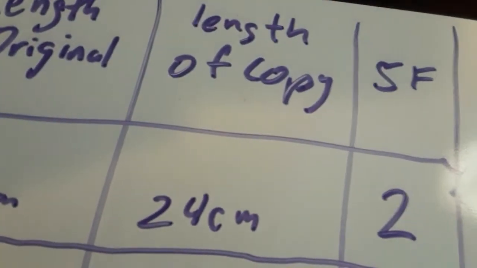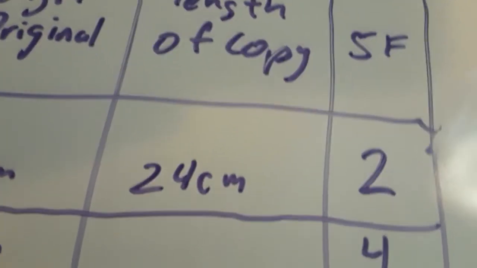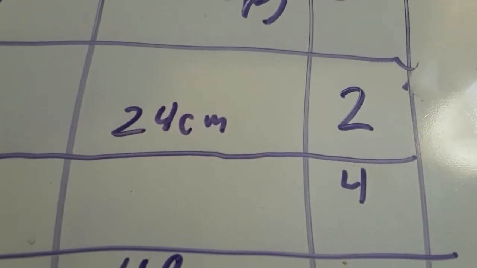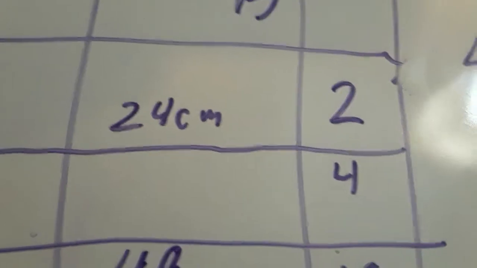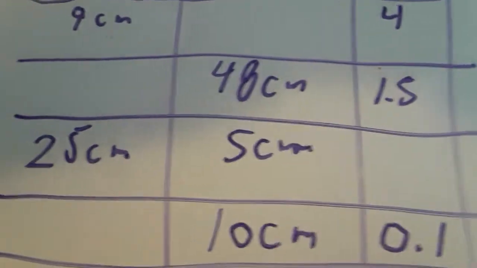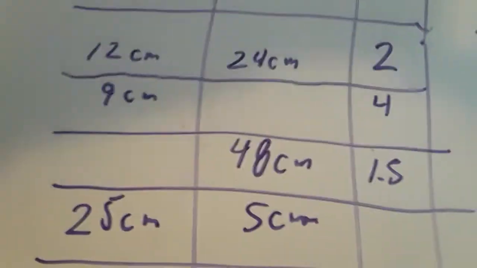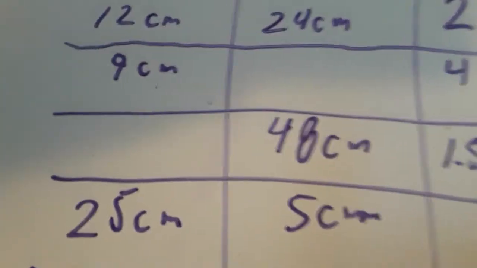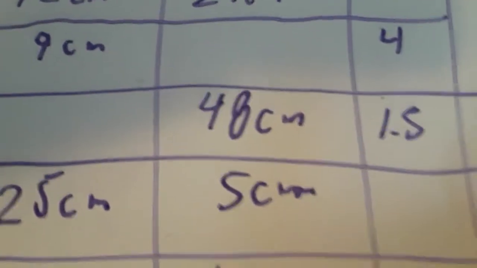All right. Now let's try to find another one. Let's go down here where we've got 25 centimeters. The 25 centimeters is the length of the original, so we're going to put that on the bottom. And the length of the copy is 5, so we're going to put that on top.